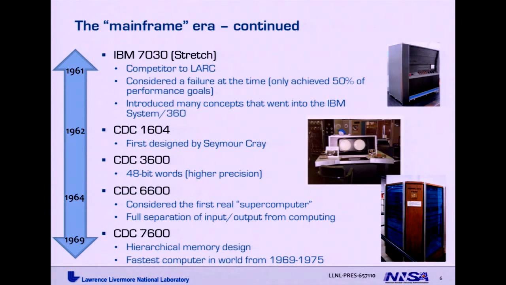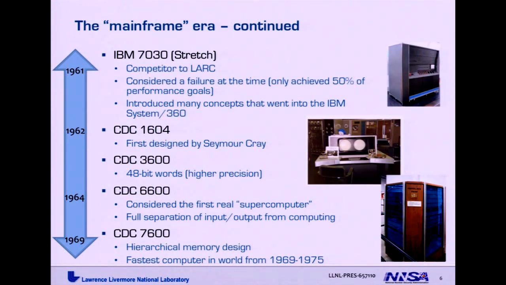And then a company called CDC came along and really dominated mainframe computers used for scientific computing in that era. And I just point this out because this is a place where a guy named Seymour Cray got his first experience, and he really became seminal in designing supercomputing up through the late 80s.